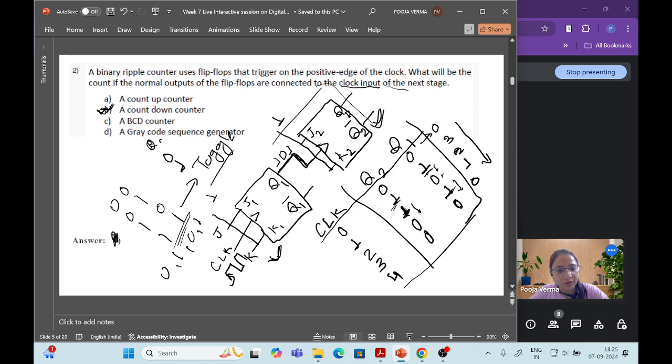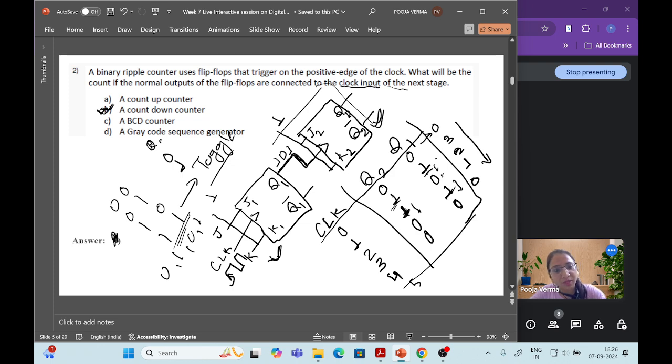Okay, so if you continue to do that, it will repeat the same, because we have taken two flip flops here, so only 4 cases are there. You can check it by taking 3 or 4 flip flops also. Okay, for example I have taken only the 2-bit flip flop.